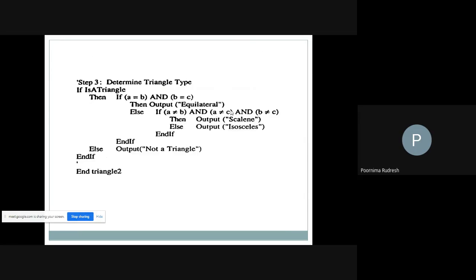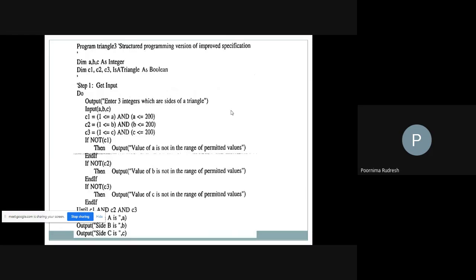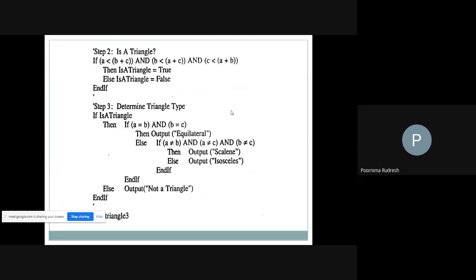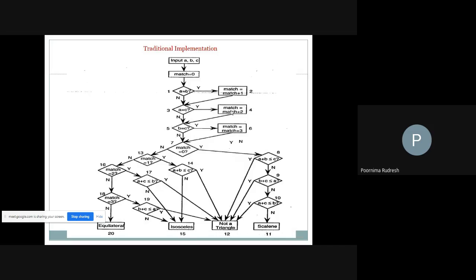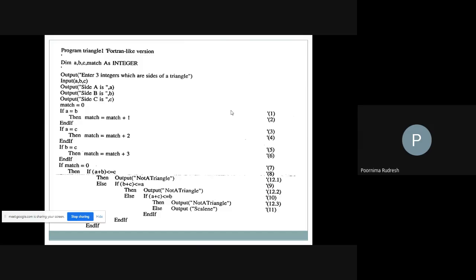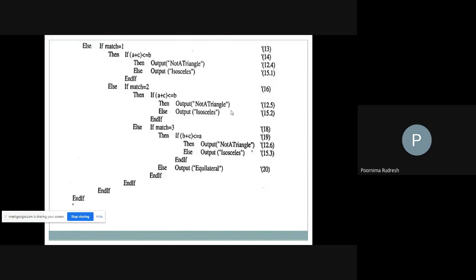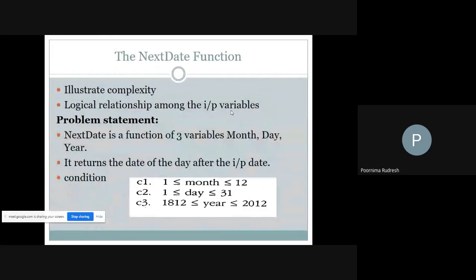Similarly, the structured approach is over, right? Next, in the traditional implementation, we are considering the flow chart, and with the help of the flow chart, we are going to write the pseudocode for the triangle problem, right? That I explained in the last class.